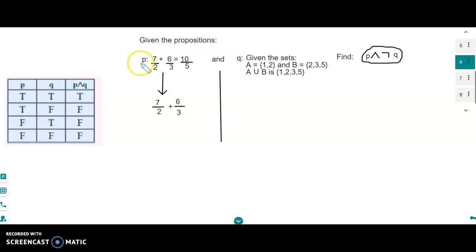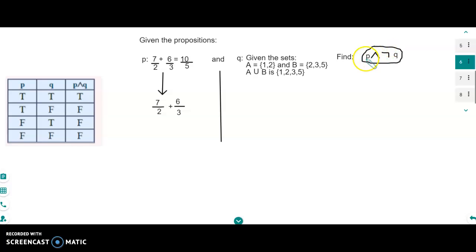So let's see. Given the following propositions: P is 7 over 2 plus 6 over 3 equals 10 over 5. And the next one says, given the sets A, 1 and 2, and B, 2, 3, and 5, A union B is 1, 2, 3, and 5. And what do we have to find?